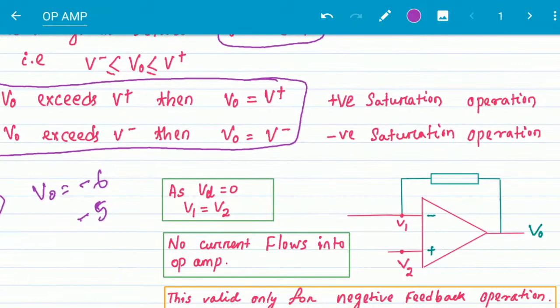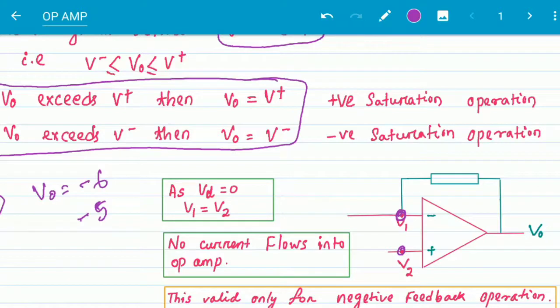And second, Vd is equal to 0, so V1 will be equal to V2. In the case of an ideal op-amp, Vd, that is differential voltage input, is equal to 0. So V1 will be equal to V2. That means the non-inverting terminal voltage will be equal to the inverting terminal voltage for an ideal op-amp.